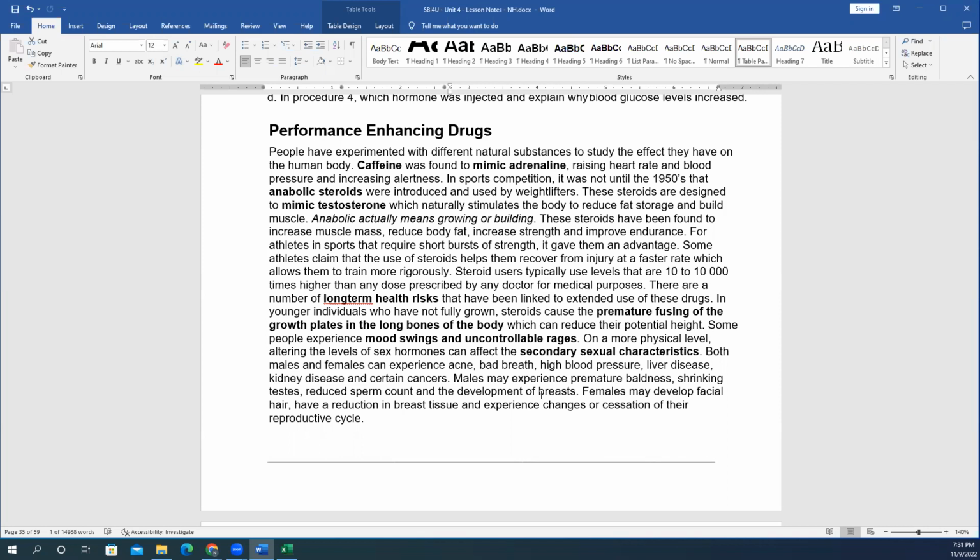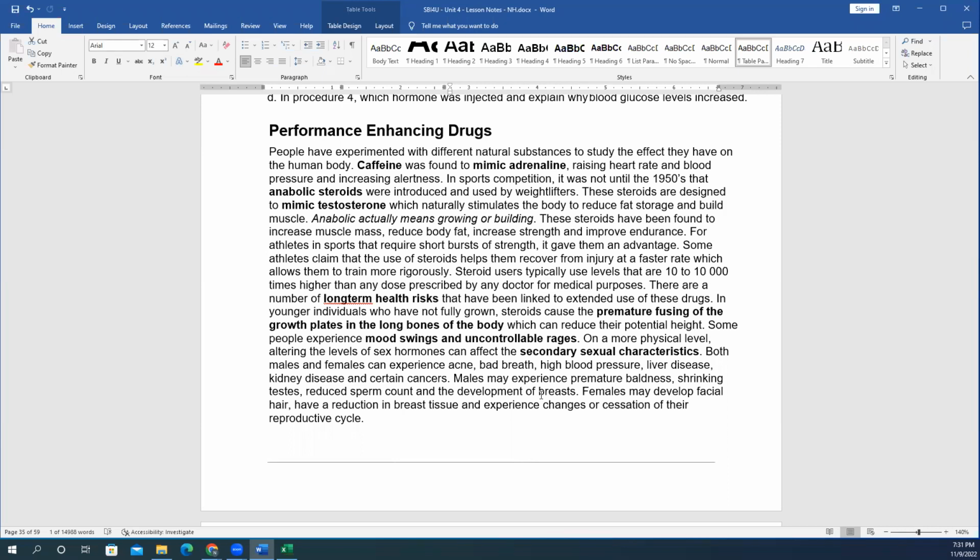Steroids can cause premature fusing of the growth plates in long bones of the body, which can reduce their potential height. They might have shorter stature as a result of steroid use. And some people can also experience mood swings or uncontrollable rage.